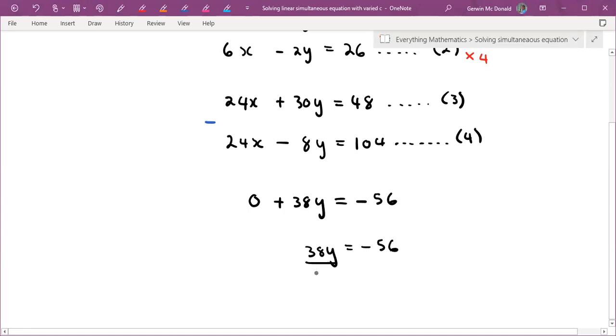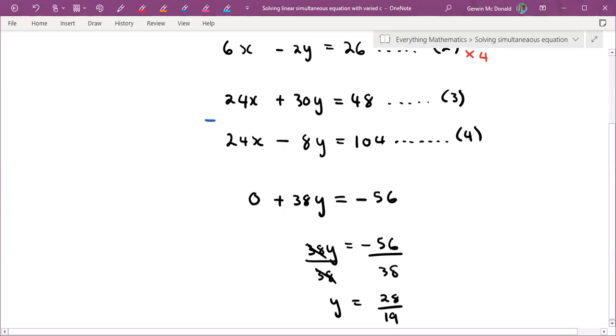And when you divide here by 38, and you divide here by 38, 38 cancels 38. So that leaves you with y is equal to, again, let me just do it one last time, 56 divided by 38. I don't like this answer, but it is what it is. 28 over 19.